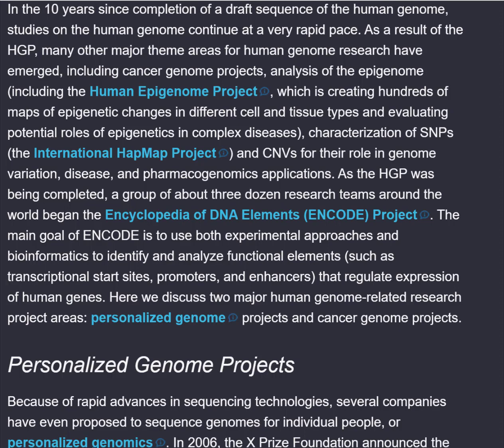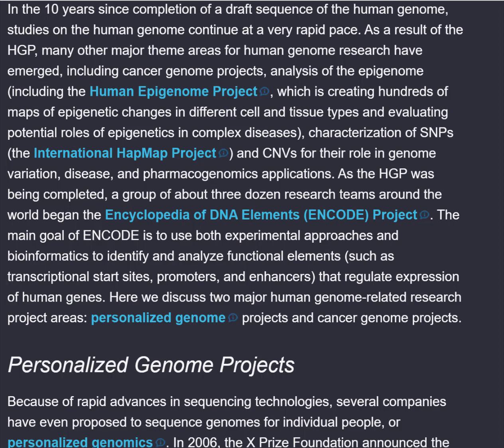As a result of the HGP, many other major theme areas for human genome research have emerged, including cancer genome projects, analysis of the epigenome, including the Human Epigenome Project, which is creating hundreds of maps of epigenetic changes in different cell and tissue types and evaluating potential roles of epigenetics in complex diseases, characterization of SNPs, the International HapMap Project, and CNVs for their role in genome variation, disease, and pharmacogenomics.